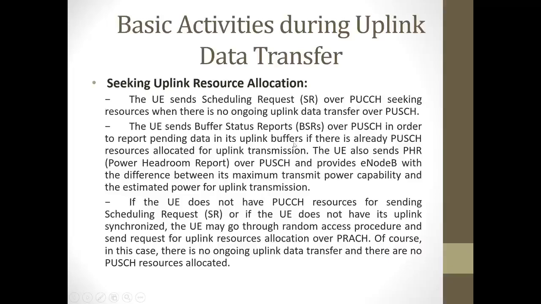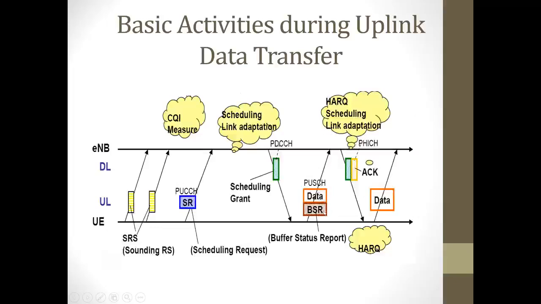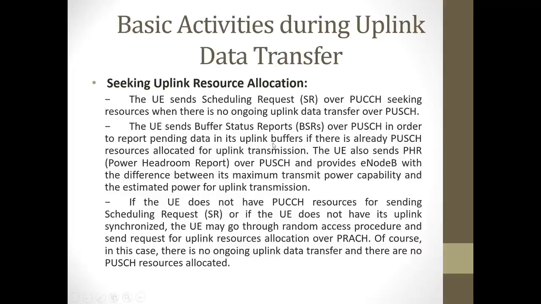What is that? BSR is sent on PUSCH because PUSCH is available. Whenever you send PUSCH, you also indicate that you have this much data still waiting in the buffer. It includes a buffer status report. It's a number. There are 64 different ranges for the buffer sizes, with indices. For this much data, you use, say, the number 19.